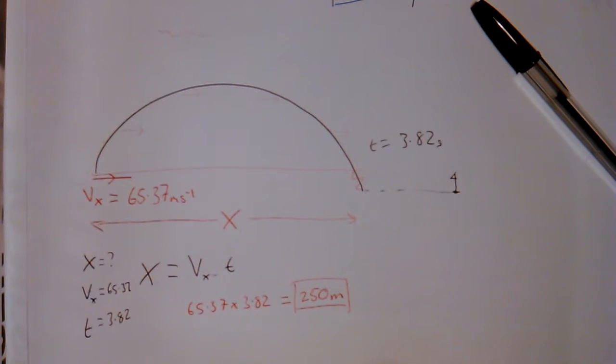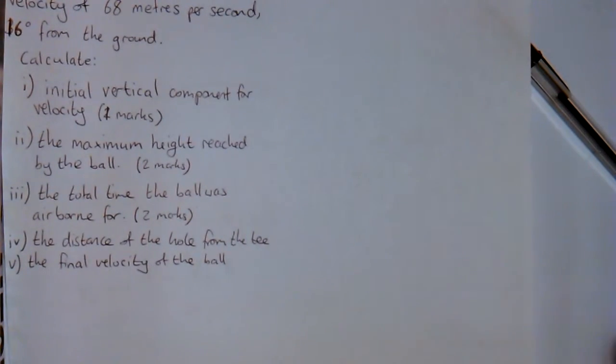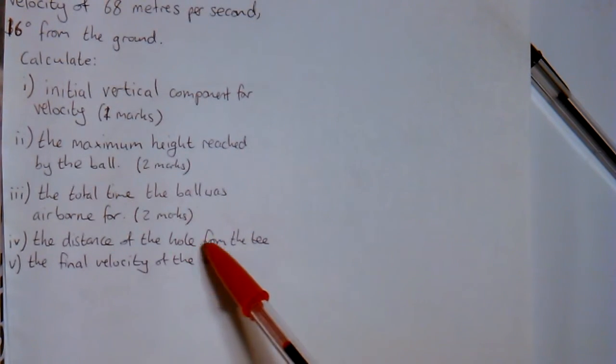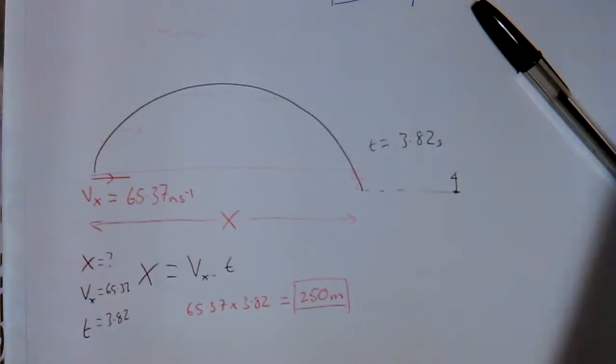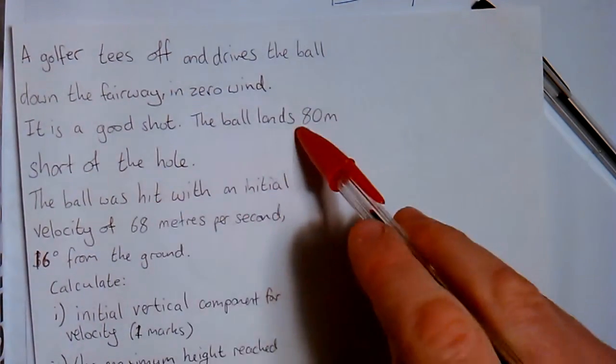But that's not our answer to that part of the question, because if you remember, the question said, part 4, find the distance of the hole from the tee. So we've hit the ball 250 meters, but the question also told us that it landed just short of the hole by 80 meters.